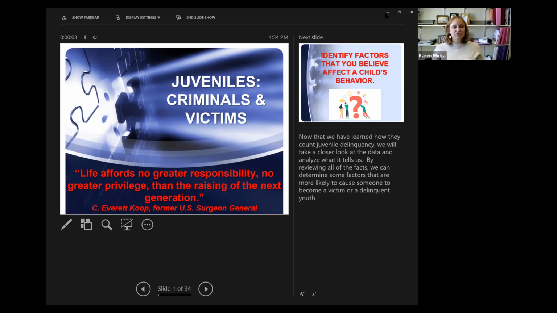Okay, so let's first talk about individual risk factors. Again, not any of these one things causes delinquency. It's just a factor to consider. Is this child more likely to become delinquent? So a lot of research has gone into this, and they have found that people that have a lower IQ can be more risky of delinquent behavior. So they may be pushed more towards risky behavior.